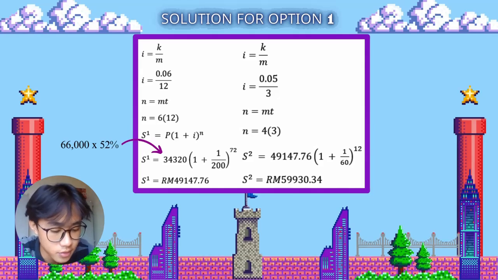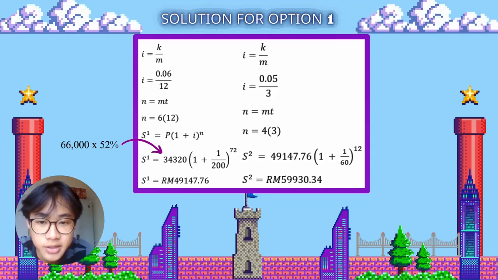The solution for option 1 is we need to find the S1 first, which is the first 6 years. Then we use the method i equals k over m, which is 6% divided by 12, the frequency of conversion, and then we put it together in the formula.